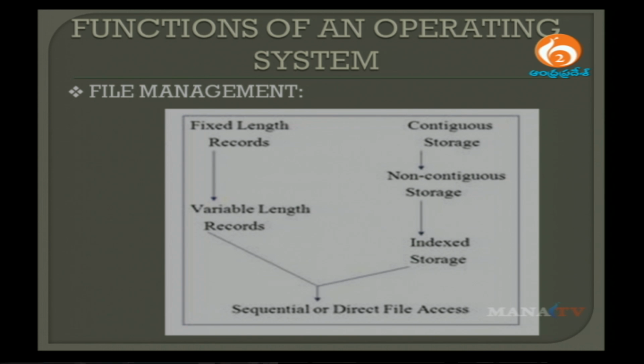From there we have indexed storage. From there we have non-contiguous storage, and then we have contiguous storage. So, this is the basic flow chart of file management.